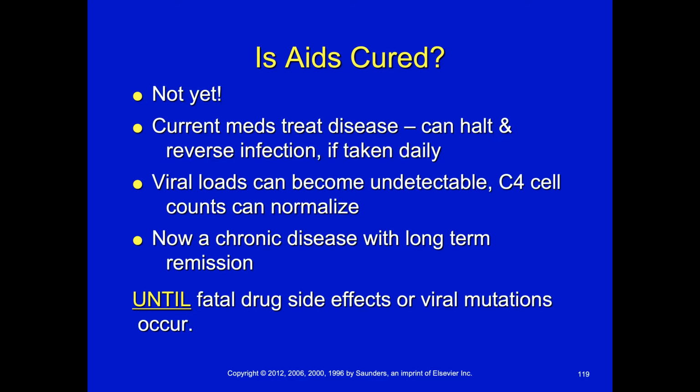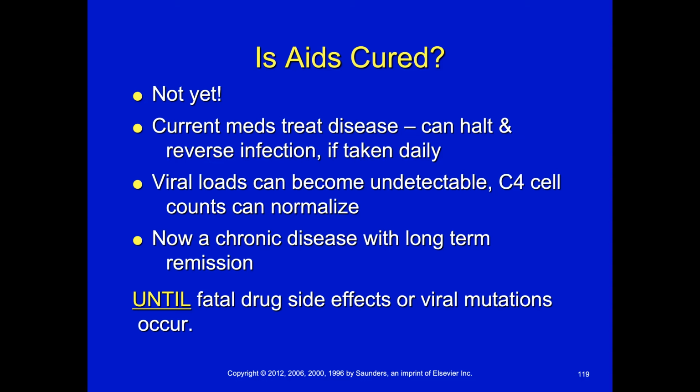So it's chronic. But as long as the medications are effective, they will halt and reverse any infections that crop up. The important thing is that the medications are taken daily. By doing that, those viral loads that I was talking about become undetectable, and the CD4 cell counts are able to return to normal. So the good news is that long-term remission is possible, and many of these patients die from completely unrelated problems.